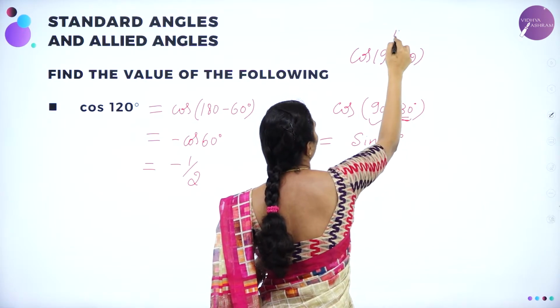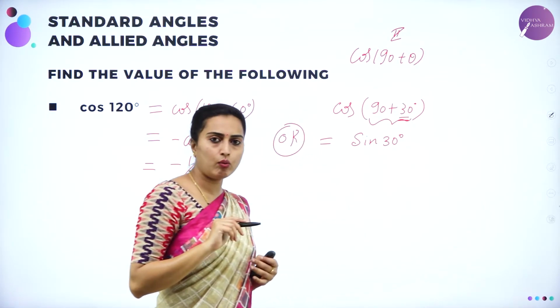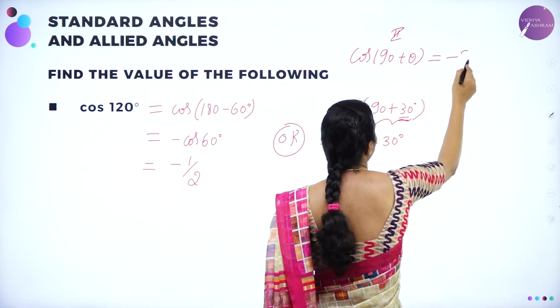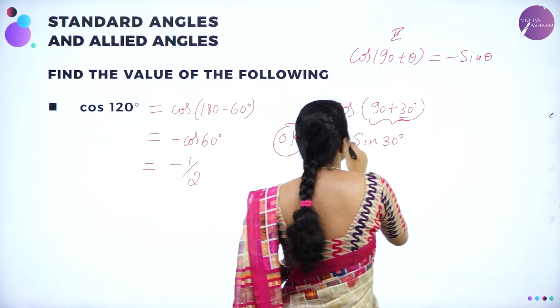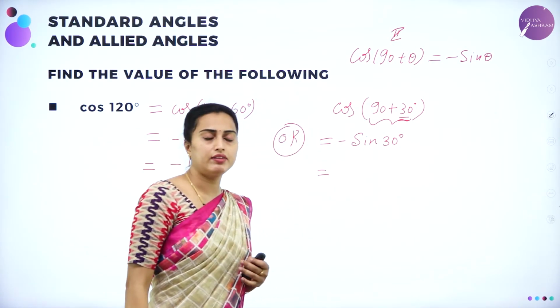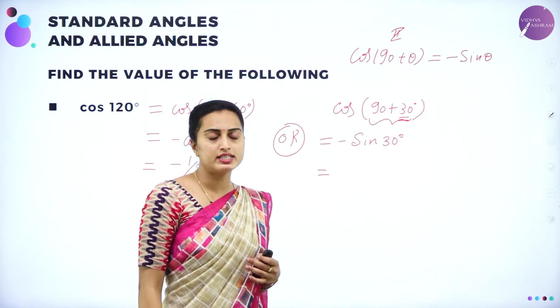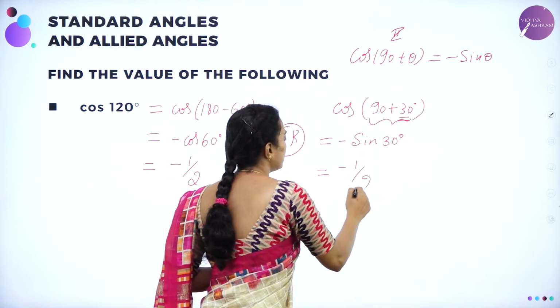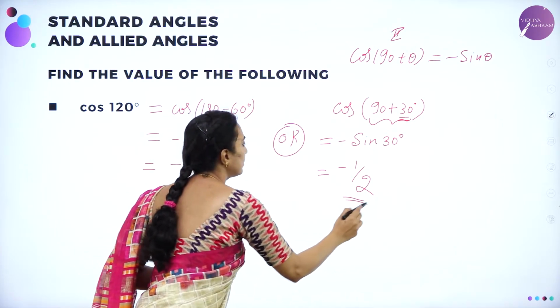The second quadrant, correct? In the second quadrant cos will be negative, so you write minus sine theta. So here it becomes minus sine 30 degrees. You already know sine 30 degrees is nothing but 1 by 2. So therefore minus 1 by 2. See, you get the same answer.